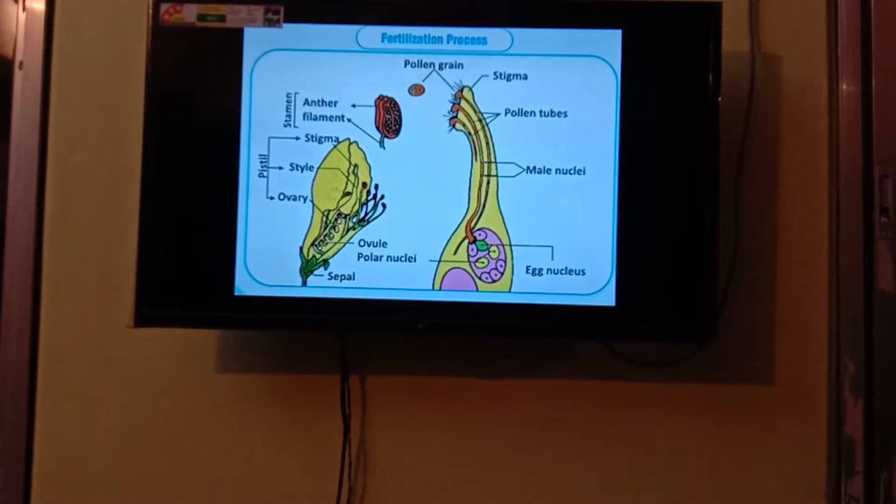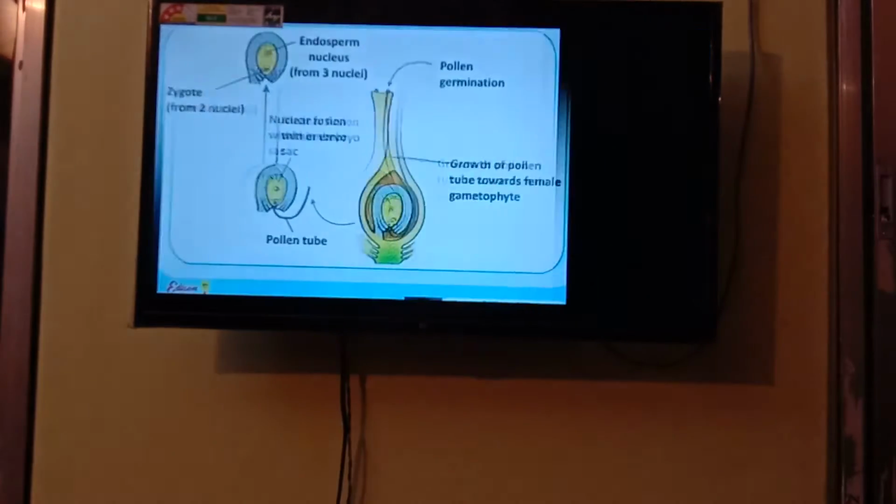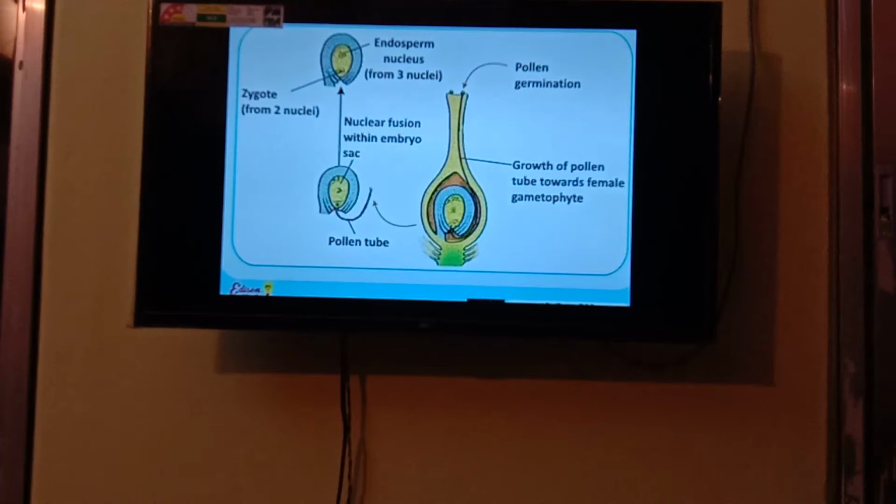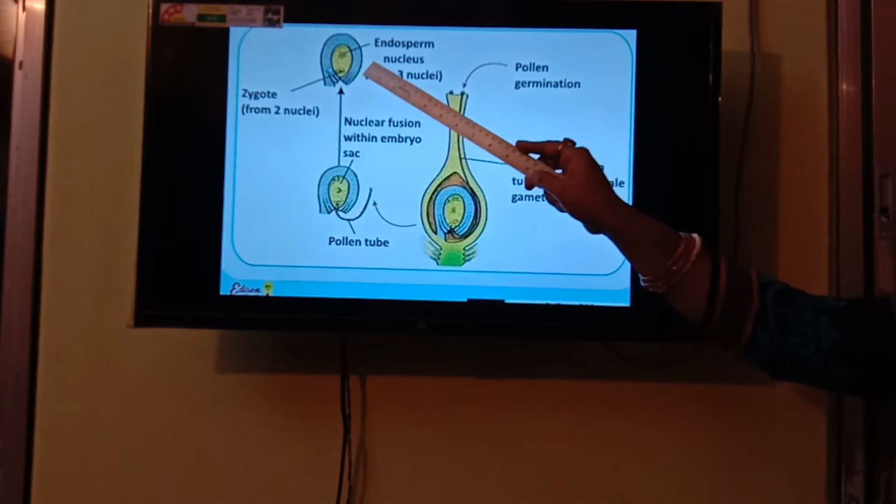Now I will tell about double fertilization. This is the process of double fertilization. These are the two male nuclei. I already told you that the pollen tube contains two male nuclei. One male nucleus fuses with the egg and forms the zygote.